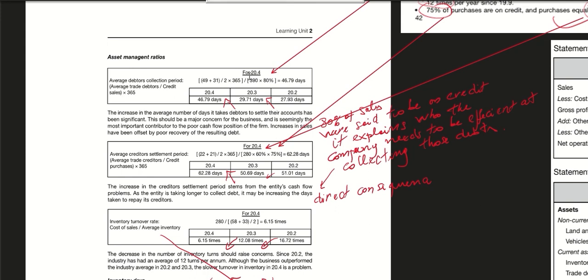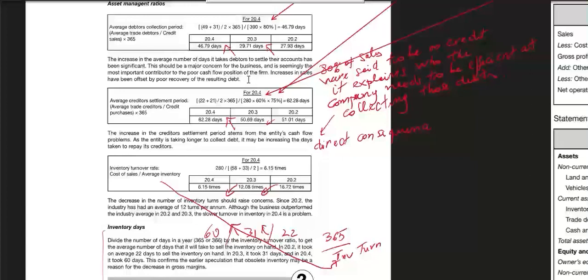But let's look at what has been going on. We can see that the average debtor collection period has been increasing since 2022. So it's harder and harder to collect from our debtors, and that is significant. But also, if it's taking us long, it's going to affect how we settle our debts toward our creditors.